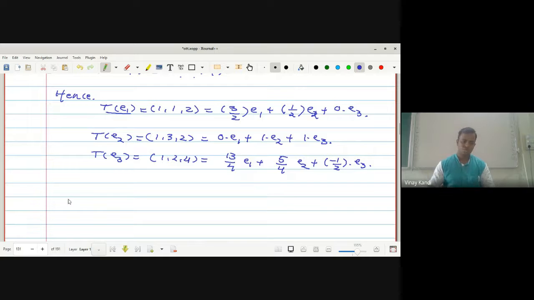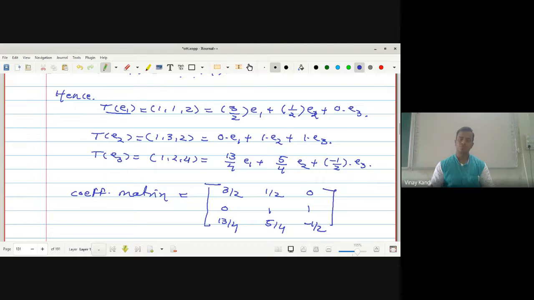Now what is the coefficient matrix? The coefficient matrix is equal to 3 by 2, 1 by 2, 0; 0, 1, 1; 13 by 4, 5 by 4, minus 1 by 2.